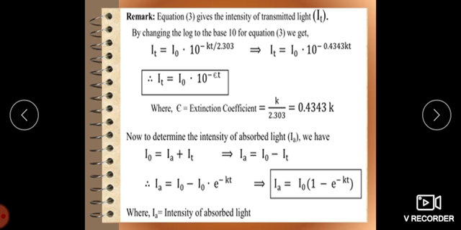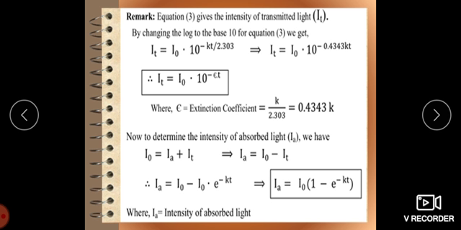Now we can determine the intensity of absorbed light. As per the earlier discussion, the intensity of incident light is equal to the intensity of absorbed light plus the intensity of transmitted light plus the intensity of reflected light. But a very small fraction of light is reflected, which is negligible.